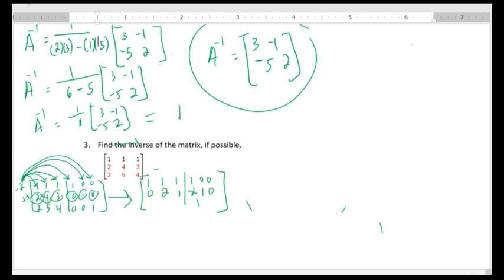And then I'm going to do the same thing to the bottom row. -2 times 1 is -2, plus 2 is 0. -2 times 1 plus 5 is going to be 3. -2 times 1 is -2, plus 4 is +2. -2 times 1 is -2, plus 0 is -2. -2 times 0 is 0, plus 0 is 0. And -2 times 0 is 0, plus 1 is 1. So the next thing that we want to do is we want to make this number be a 1.